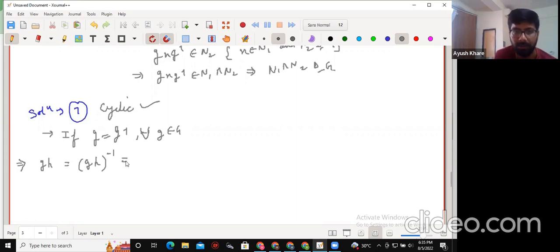And now what is (gh) inverse? It is just h inverse g inverse, right? So it will be hg again from the same property. So you have gh equal to hg for all g and h in G, right? Thus we have the group to be abelian.